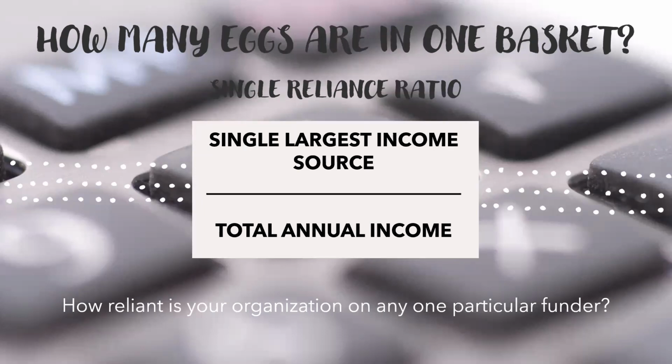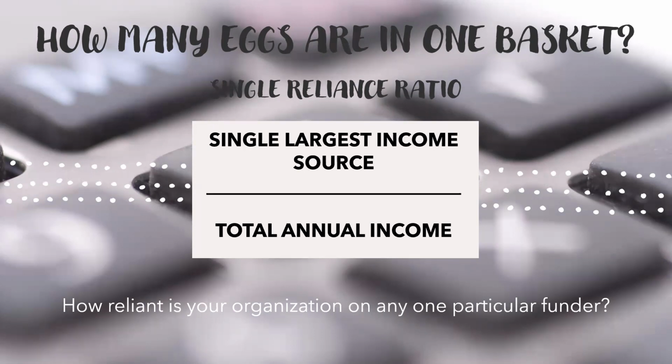Now, as you're looking at how many baskets you have and how reliant you are on that largest income stream, we're going to talk about how many eggs are all in one basket now, which is the single reliance ratio. This is a different one. Here's your math problem. It is your single largest income source divided by your total annual income. So before we were dealing with income streams. Now we're dealing with income sources.